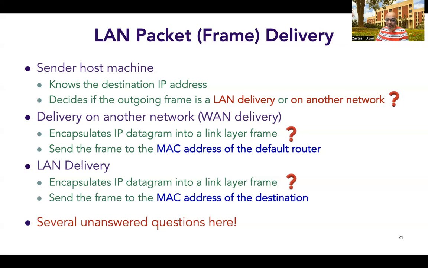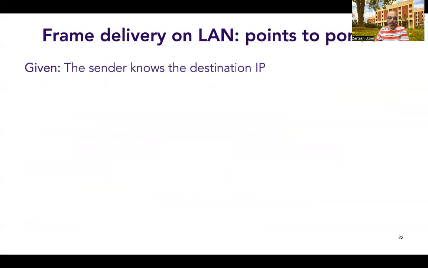How do you get that destination MAC address? Okay, and also, how do you send the frame to the MAC address of the default router? What is the mechanism of delivery? Is this something which uses the CSMA/CD kind of a link access protocol? So these are the points that we need to think about.